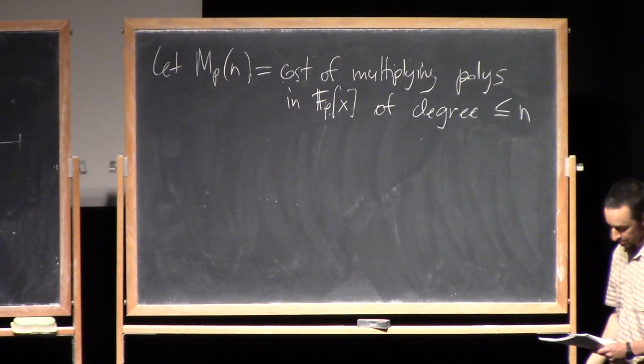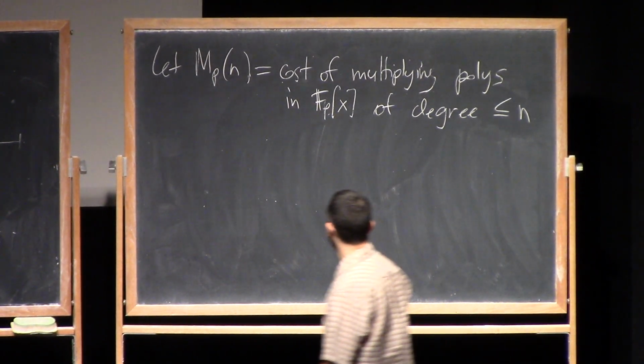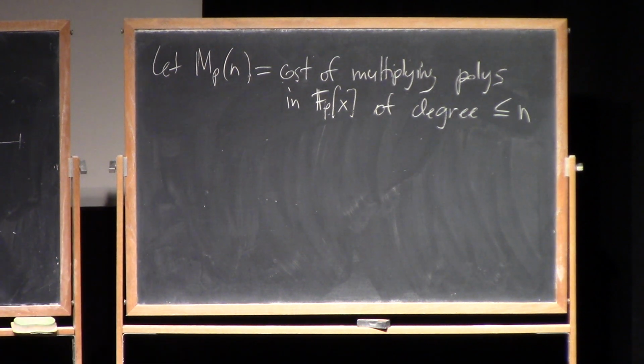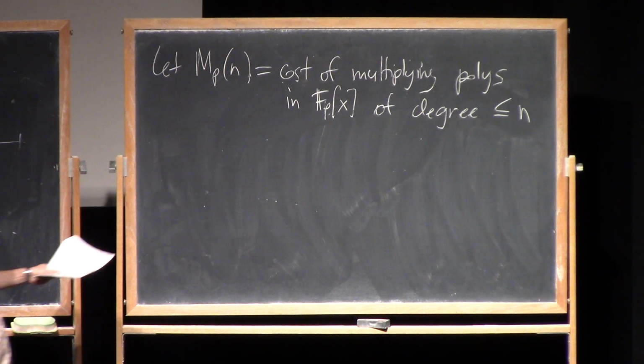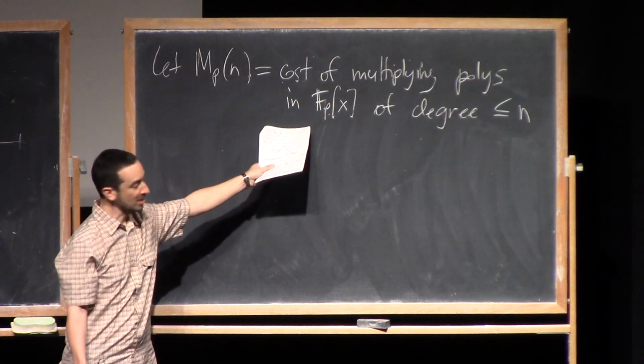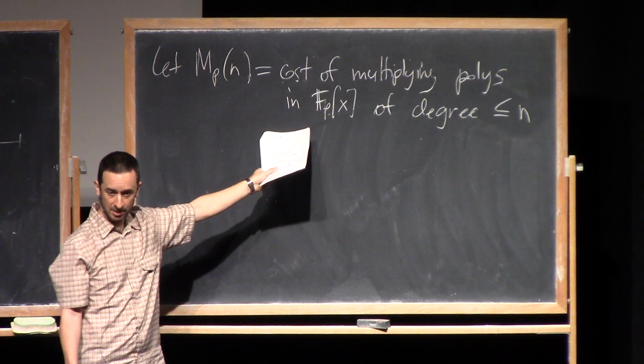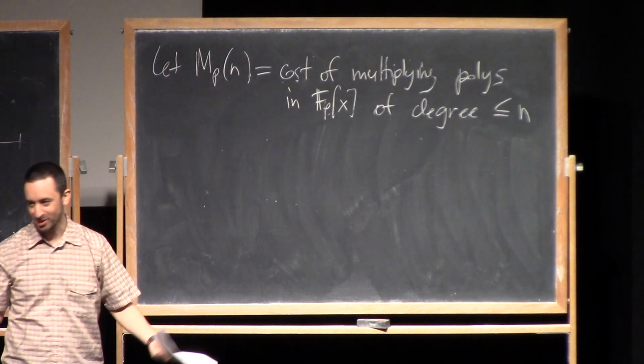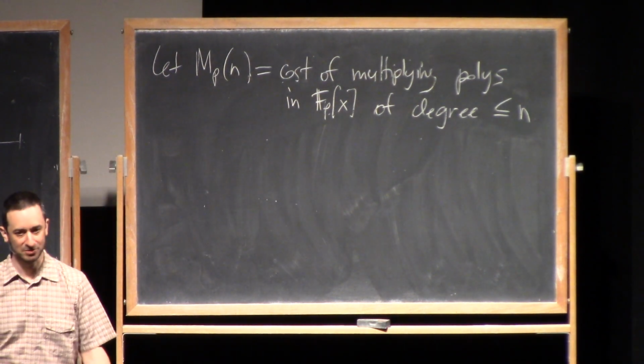So two polynomials of degree less than or equal to n. Now, let me just emphasize that I'm working here in a bit complexity model. Another common model for this sort of question is an algebraic model, where you count the number of operations in F_p. That's a reasonable model to use, and you get similar answers. But I'm really interested in the bit complexity, which means I have to take into account the size of elements of F_p. It's harder work to multiply in F_101 than it is in F_2.